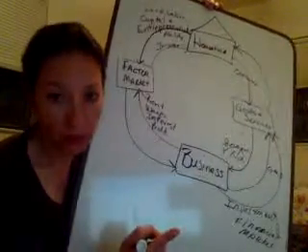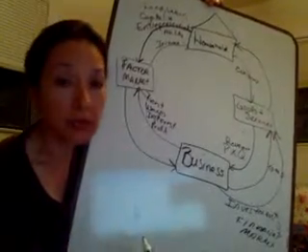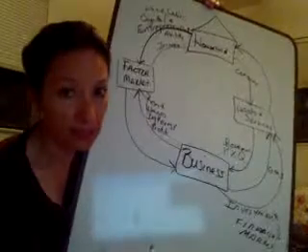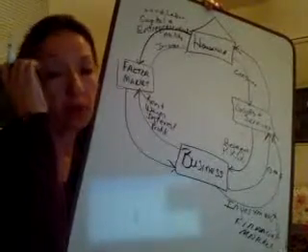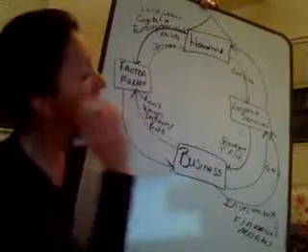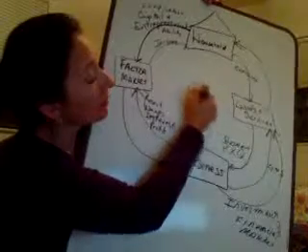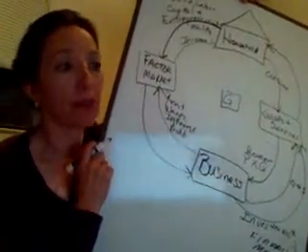We have the household sector. The household sector consumes, and we have the business sector. The business sector invests. Okay. So then we have a third player, and that third player is called government. Okay, so we're going to put government here in the middle. Big giant G for government.